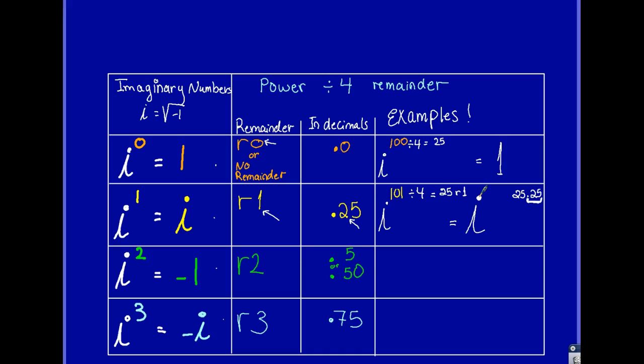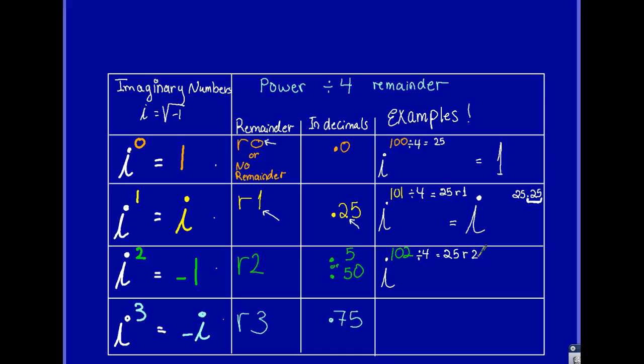Let's try a different problem. Let's say i to the power 102. Again, we'll divide the power by 4. This is equal to 25, remainder 2.